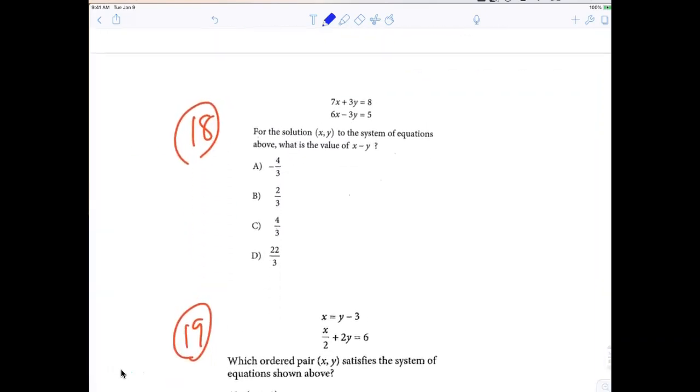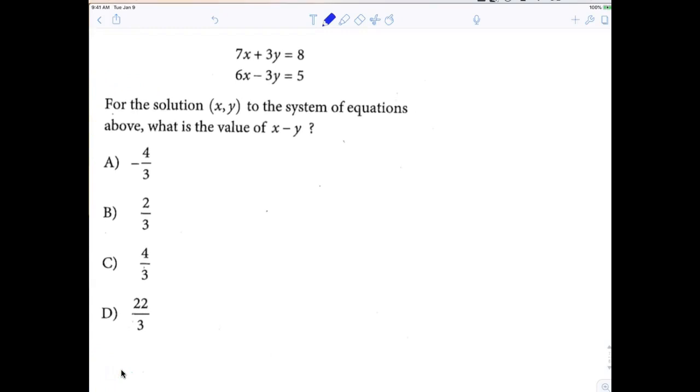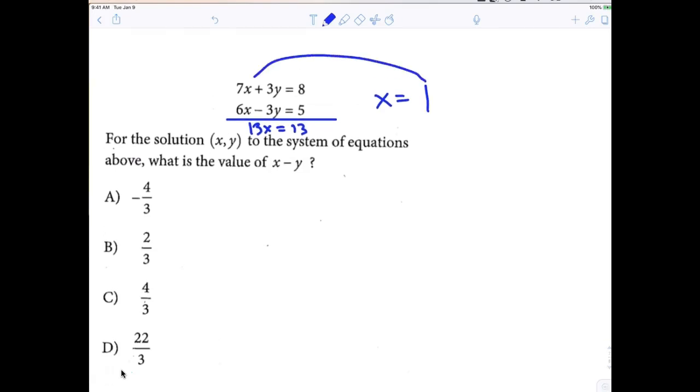18. Now again, this one was kind of nice because we could do this mentally almost. Because the negative 3y and the 3y cancel out, so I have 13x equals 13. So I knew x was 1. And now that x is 1, I plug in 1 for x.